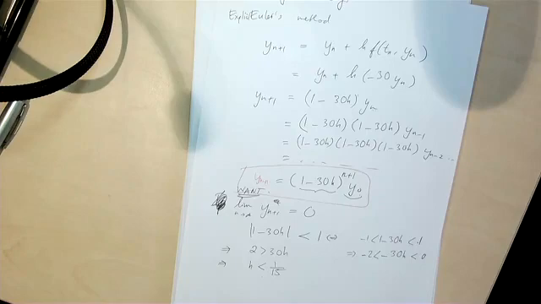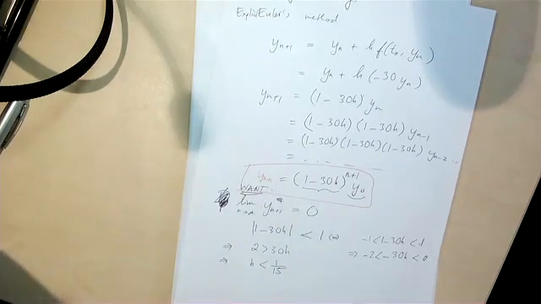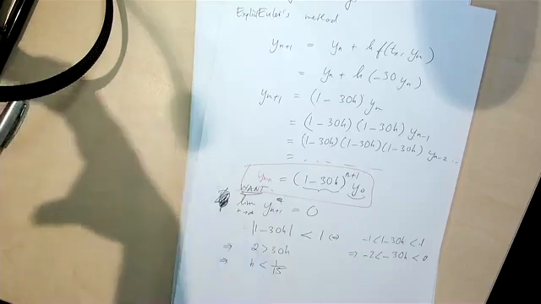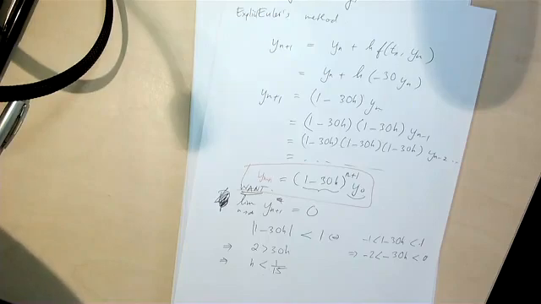If you define this region in the complex plane where the absolute value of q of z is less than 1, then inside that region you have a stable method, and we call it the region of absolute stability.